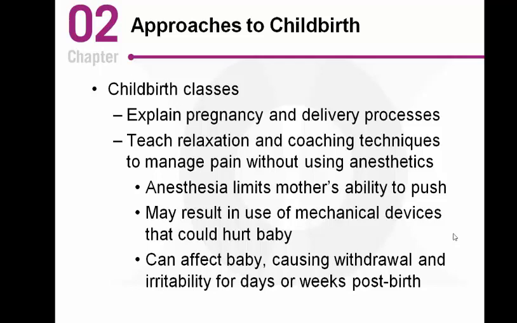Now, of course, those instruments would only be used if necessary and have the potential to cause bruising or other issues with baby. So usually that's only used in an emergency situation when you need to get baby out quickly and baby is already in the process of being delivered, so C-section is not an option at that point. But of course, anesthesia has the potential to maybe cause issues with baby, especially if we got a little bit too much.